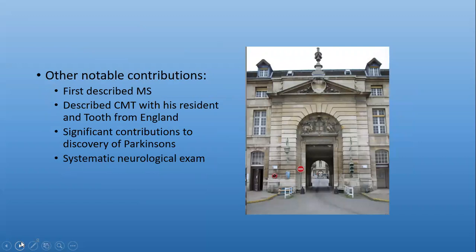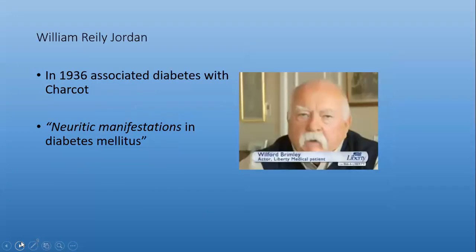Other notable contributions out of England: Dr. Tooth from England described CMT with his residents, and explained that in a couple different articles. So just for completeness' sake, you guys can look into that stuff so I don't bore you today.